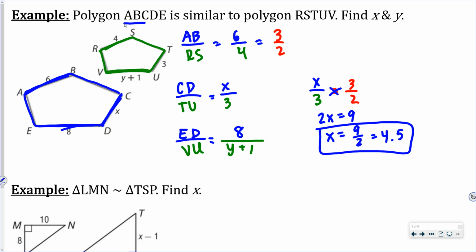I know that those corresponding sides are also proportional to that scale factor. So I'll set that up. Just like we saw in the last one, we already figured out they're similar and we know the scale factor, so we can solve this one by cross multiplying.